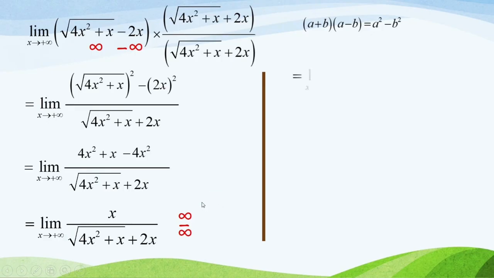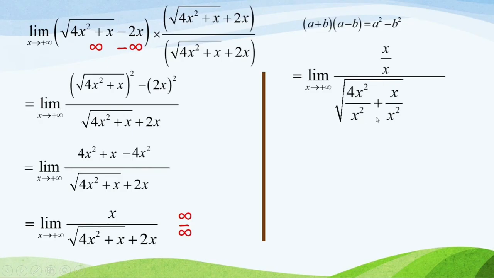So we must divide x by x, the square root of 4x squared over x squared plus x over x squared, and plus 2x we divide by x. So x over x, we get 1.